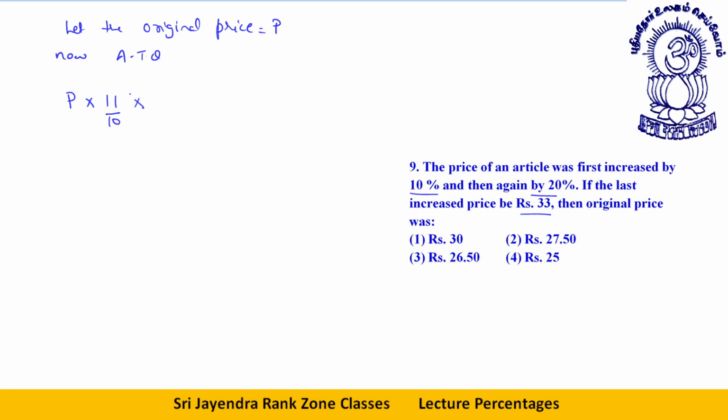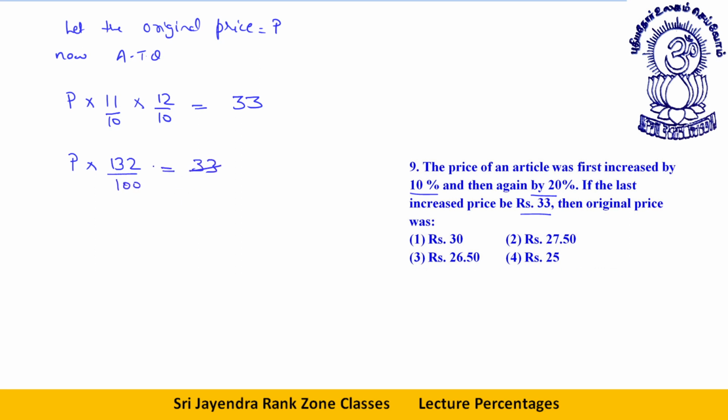Next time there is an increase of 20%. 20% means it becomes 120% or 12 by 10. This is equal to 33. The original price was, we have to find this P. So this becomes P into 132 by 100 is equal to 33.